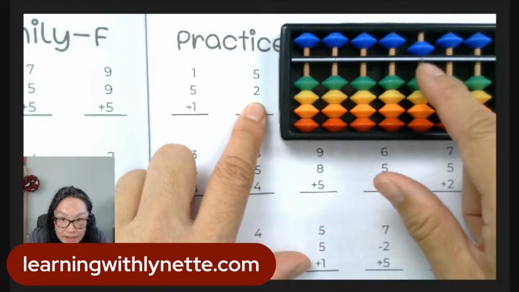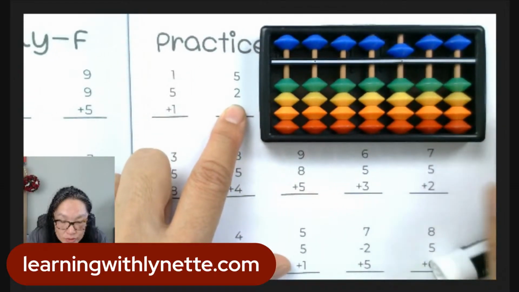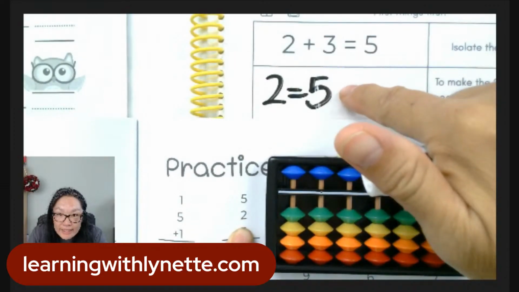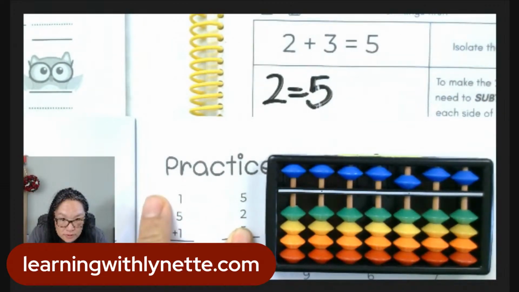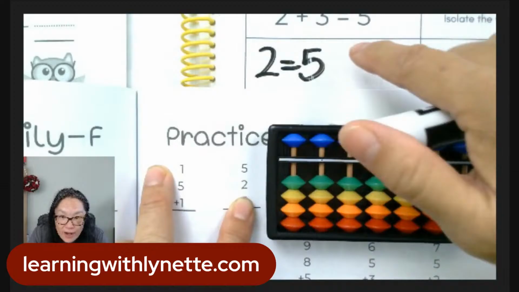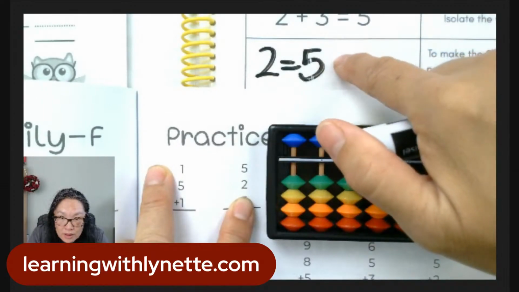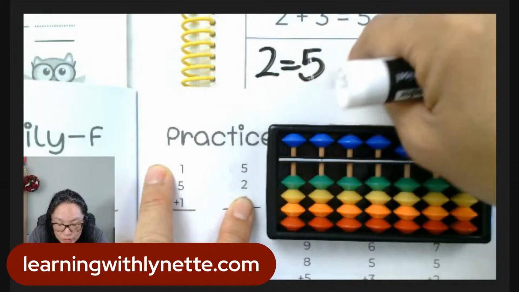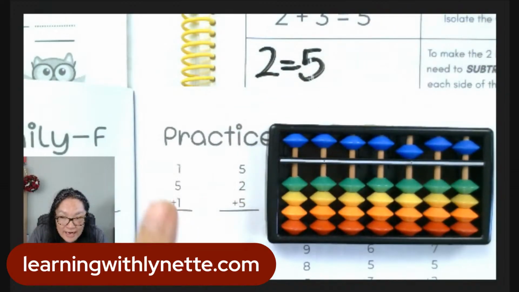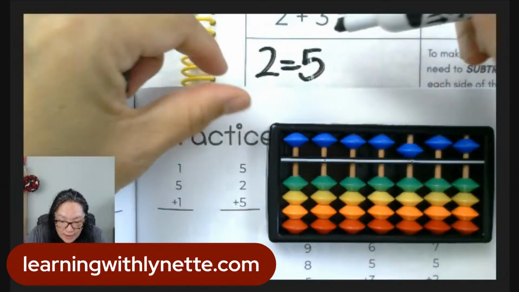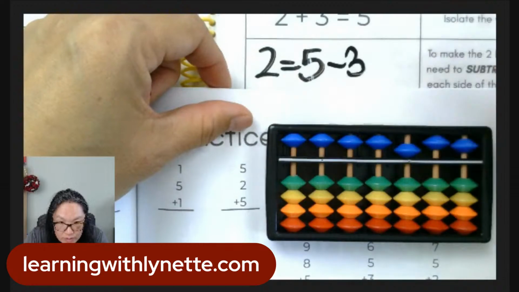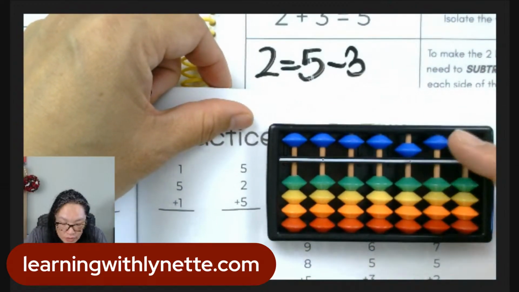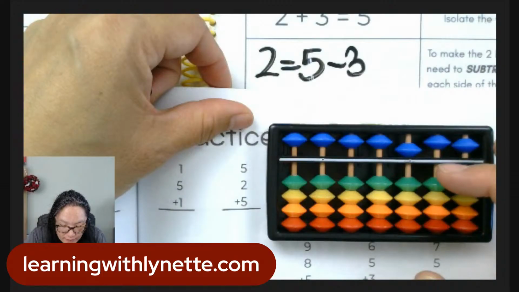To add the 2, I can use the 5. But if I use the 5, this is too much. They cannot equal. I cannot substitute this. I have to subtract 3 to substitute. Does that make sense? So I'm going to add the 5.